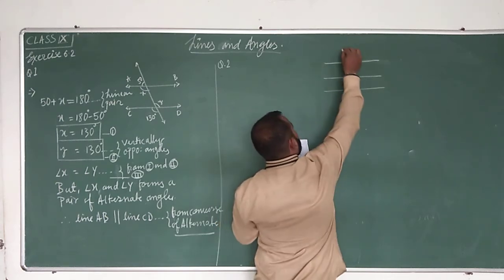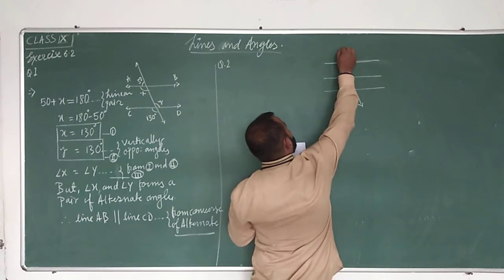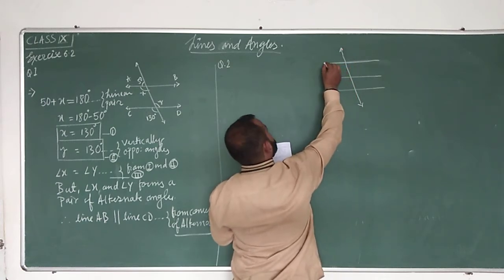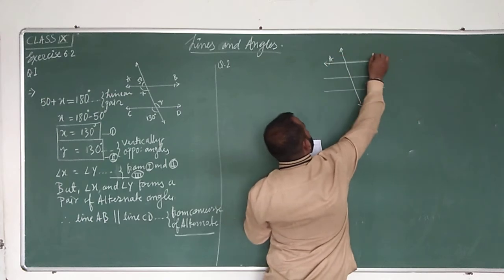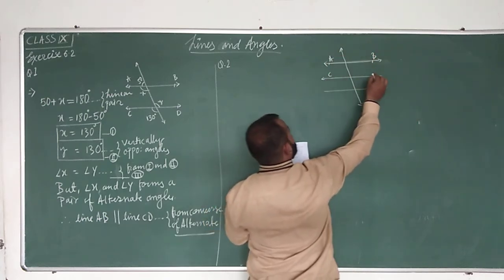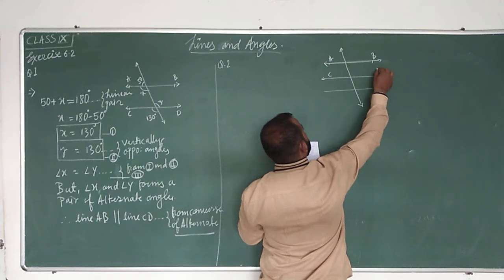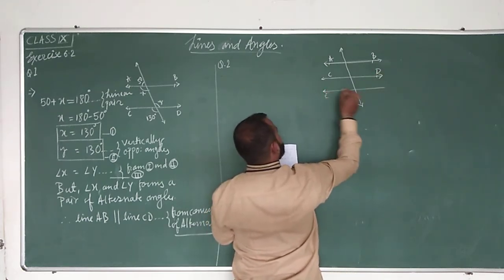Okay, and a transversal is also given to us. See, this line is line AB, then line CD and line EF.